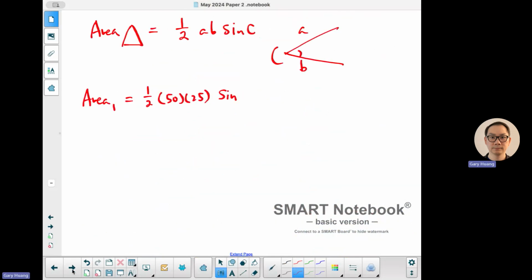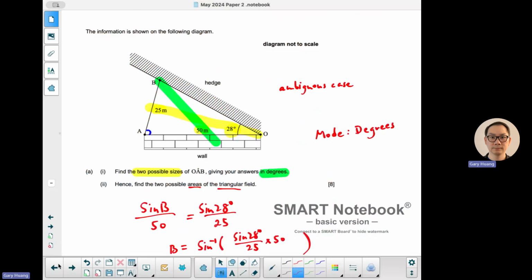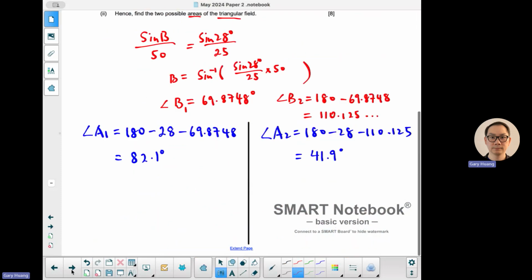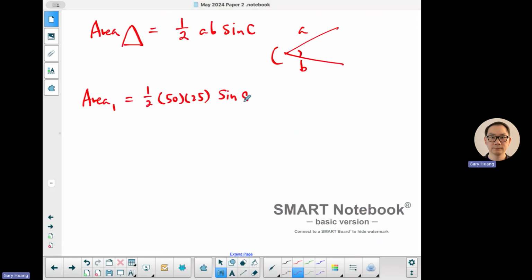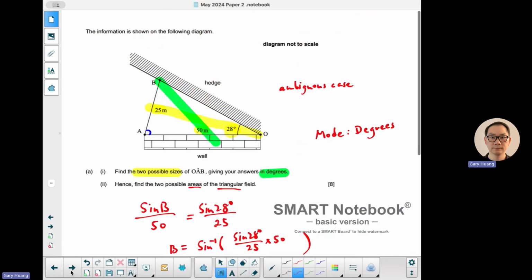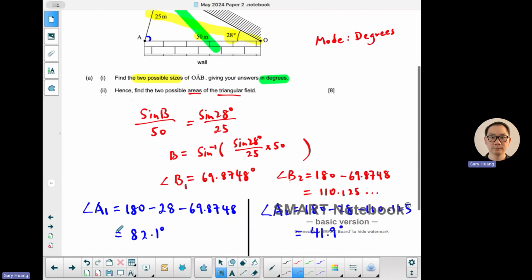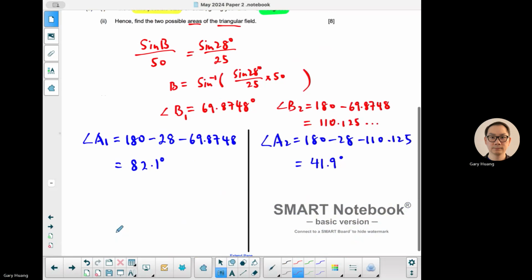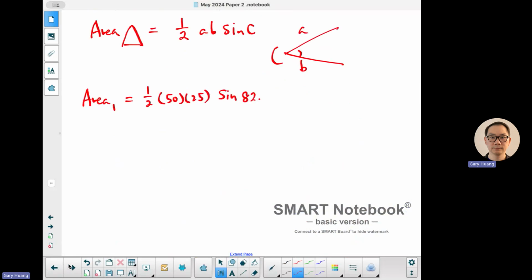Actually, sine of 82.1. I'm probably not going to round it to 0.1, I'll write down everything I have. I don't want to round it off because then my answer is going to be off too much. It's 82.1251.